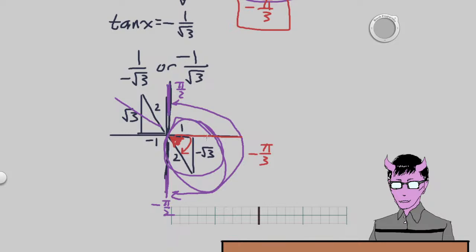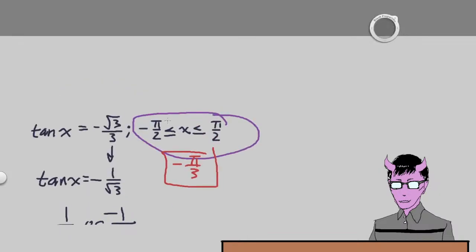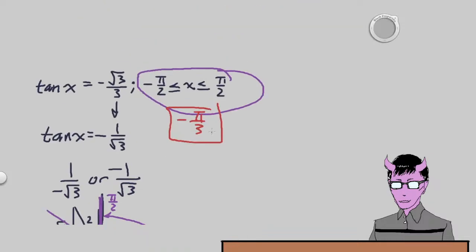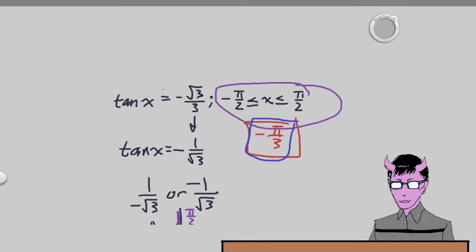But then if we consider the negative angle going clockwise to get to there, visually you can see that it breaks past negative pi over 2, which again, similarly before, is past this particular restriction. So the blue scenario for this reference angle doesn't exist because it falls outside of the domain restrictions. So that's the only answer for this problem with these restrictions.